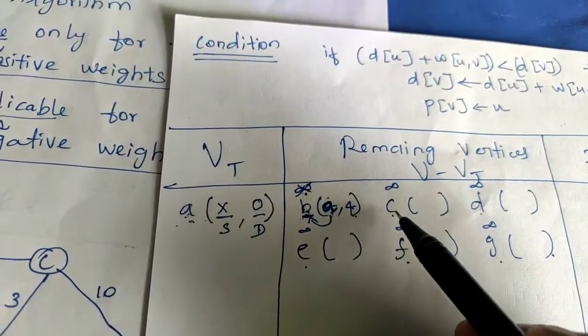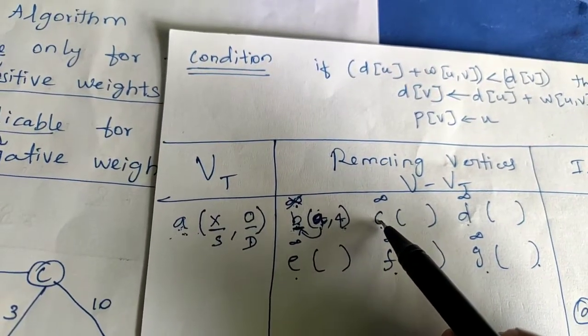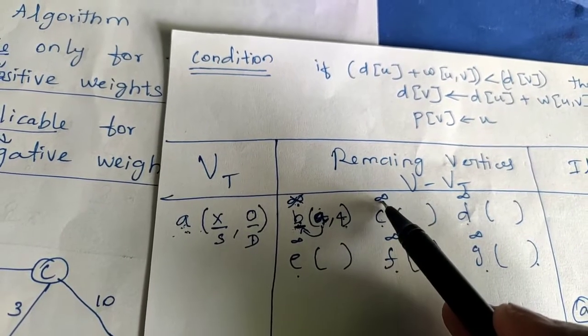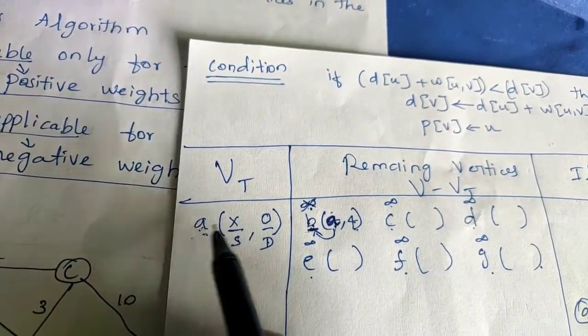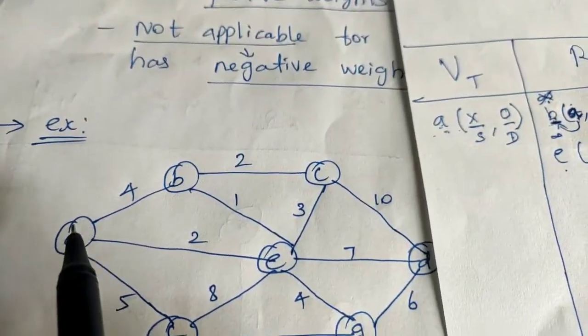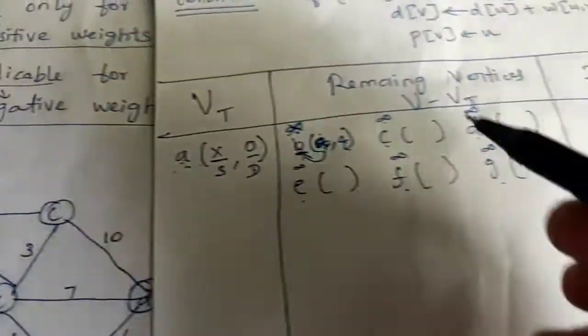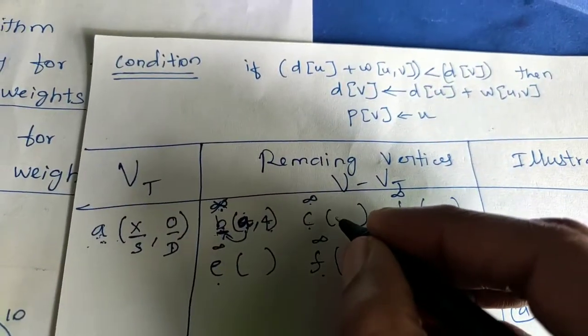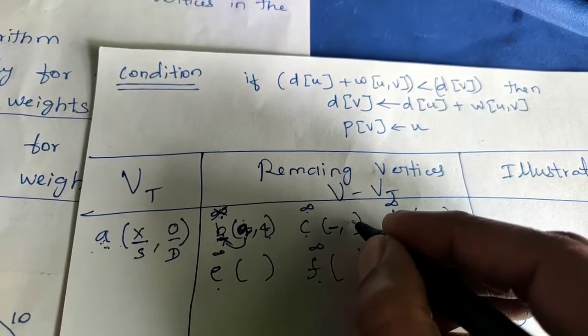Now you see the next vertex I am going to process is C. The distance of the vertex C has been initialized to infinity. Now I am trying to visit the path from A to C from the given graph. A to C, I don't have a direct path, so I will write no source, no distance.